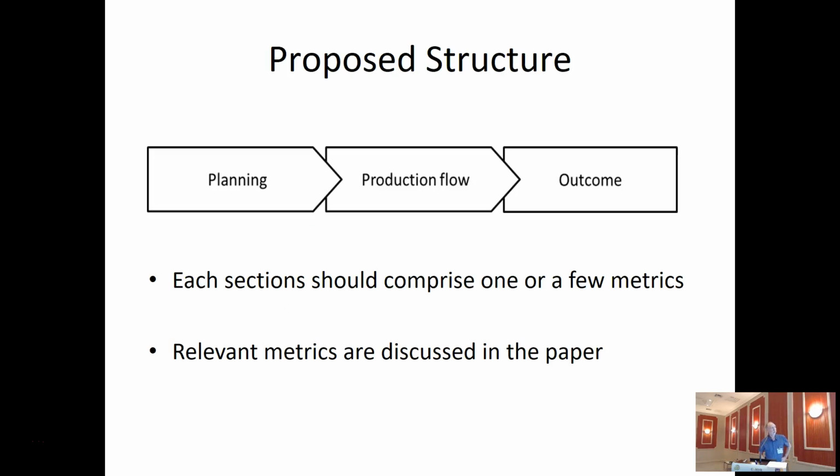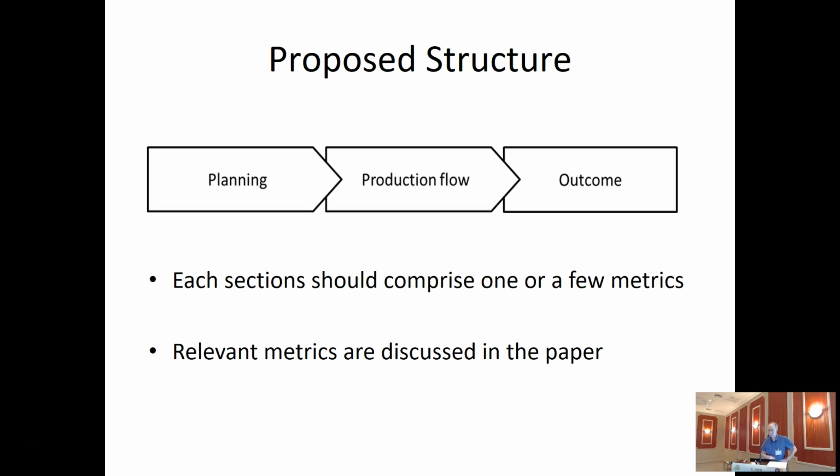So what we're proposing is rather simple actually: to have three sections in this dashboard. The first one is the planning process, simply because planning is the main strategy to productivity in our type of production. Planning is the main approach to increase productivity and increase quality in our total production.